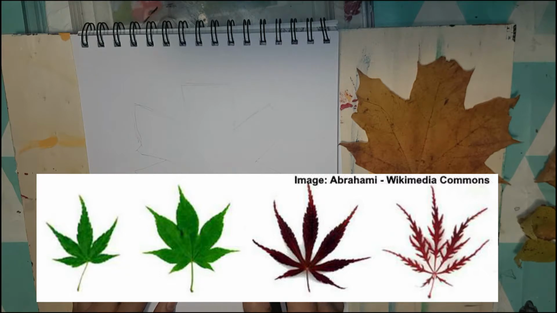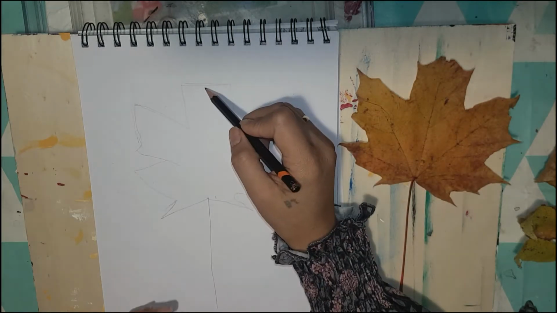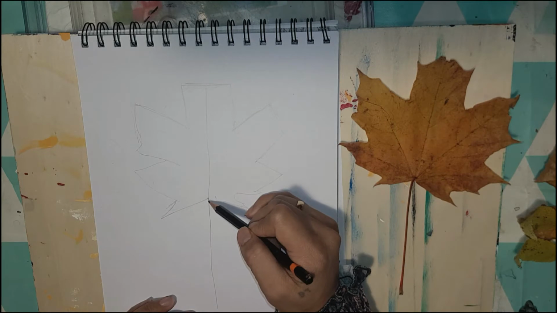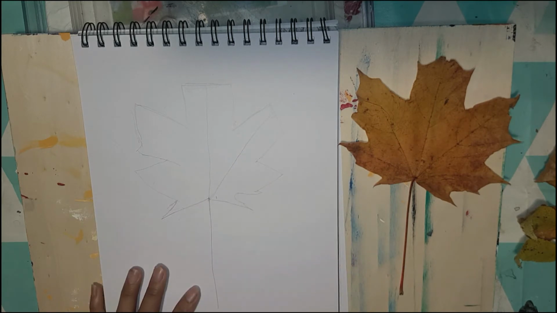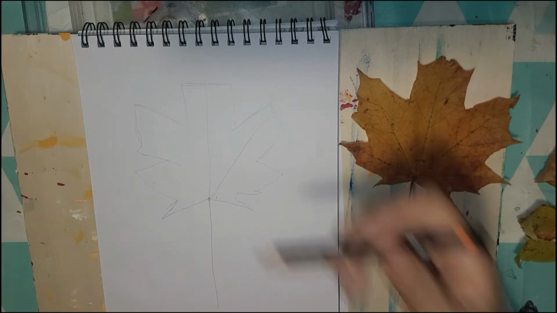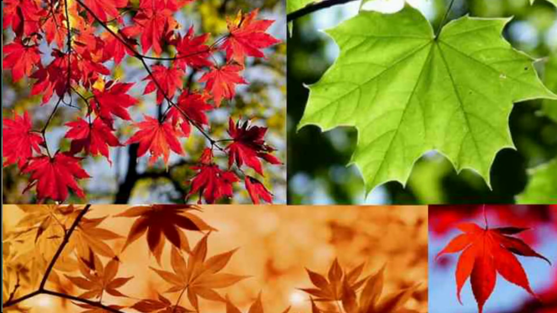Here's one example, the Japanese maple leaves, and they are mostly blooming in different seasons. They are green in summer and they change color whenever the fall is coming. It's important to understand the role of these kinds of shapes whenever we are doing art.